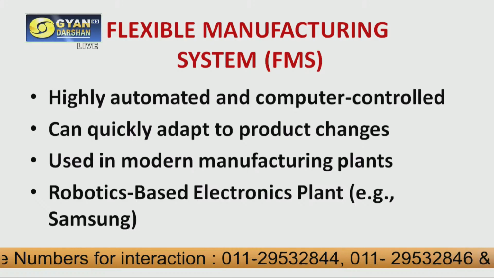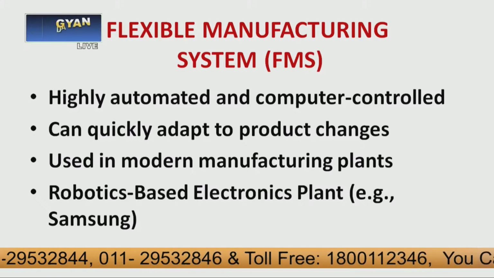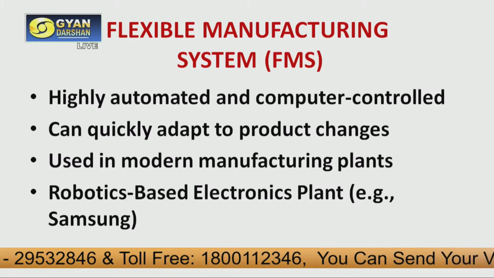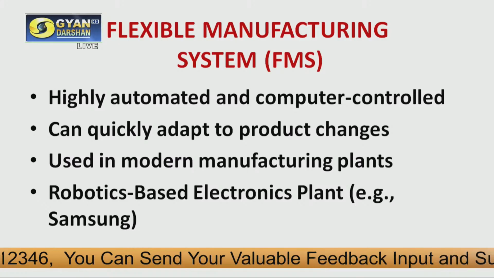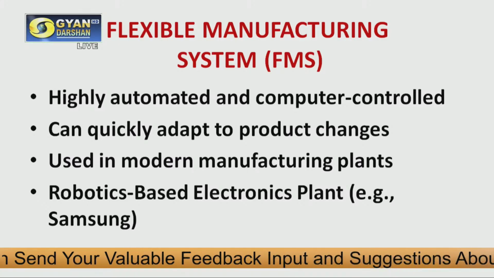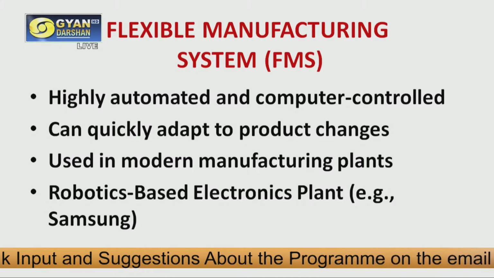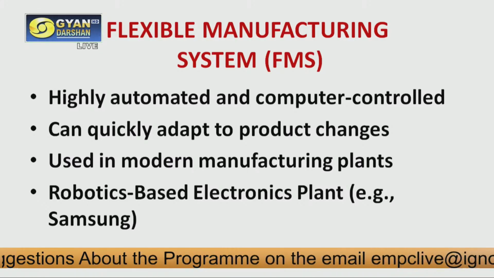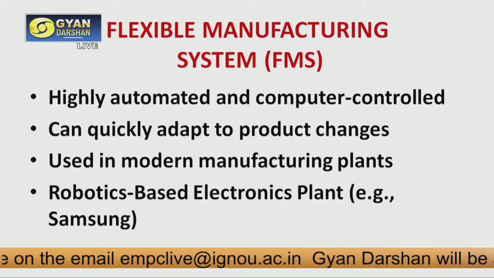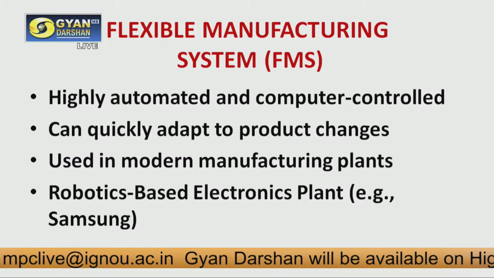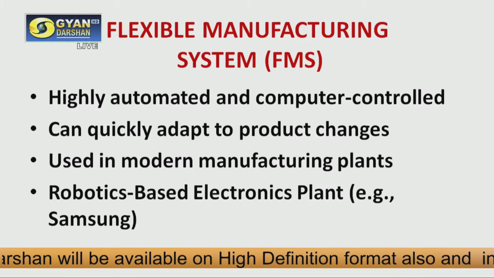Another type of manufacturing system, with the emergence of the IT sector and the latest technology, is the flexible manufacturing system. It is highly automated and computer controlled, like CNC, computer numerical control machines, or even robotic arms or a robotic-based electronic plant, like the Samsung plant, or even car manufacturing companies.